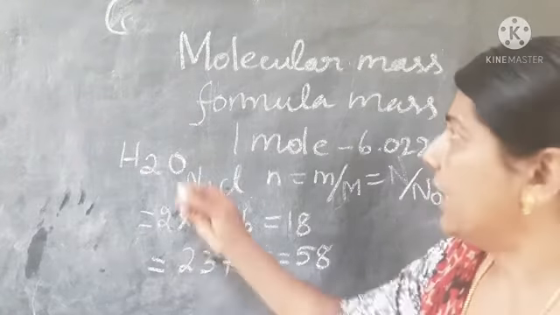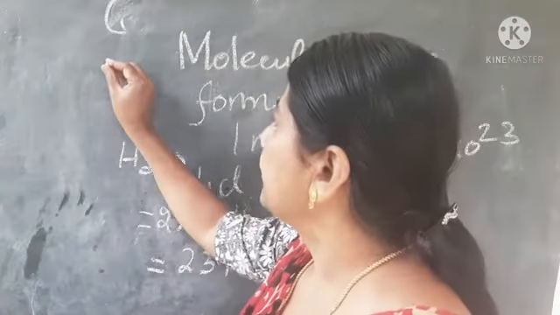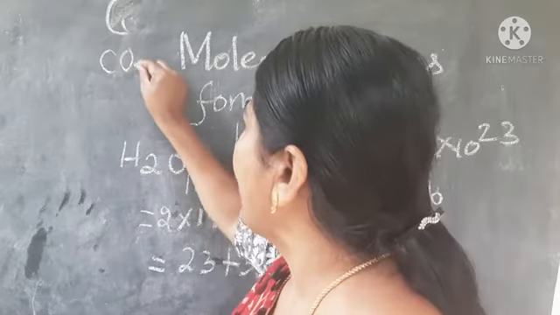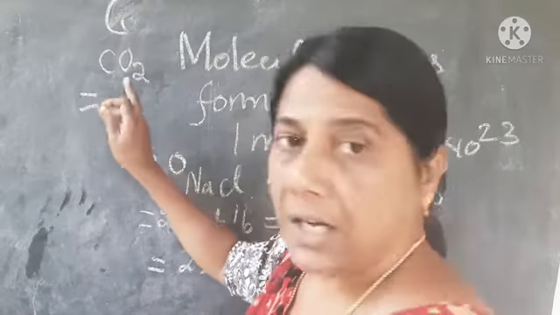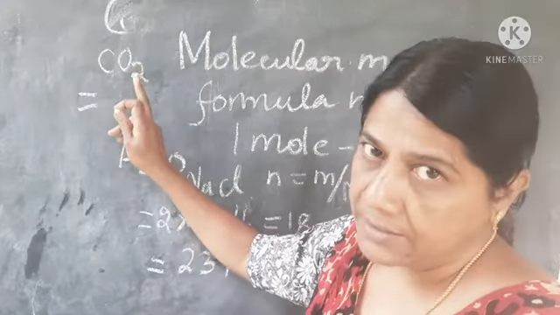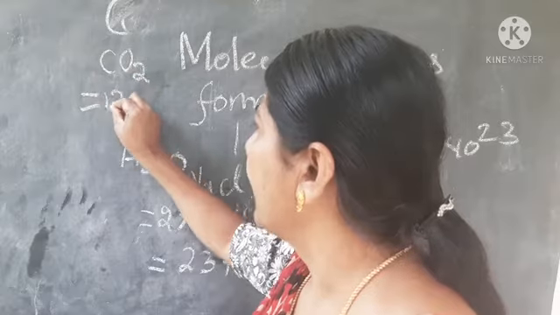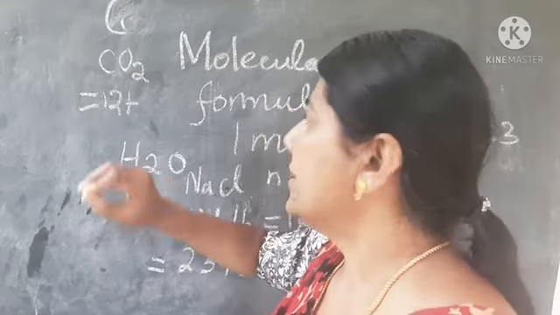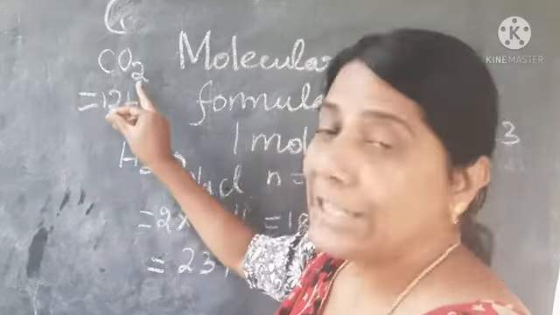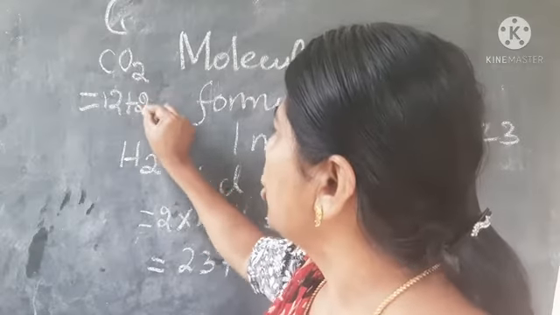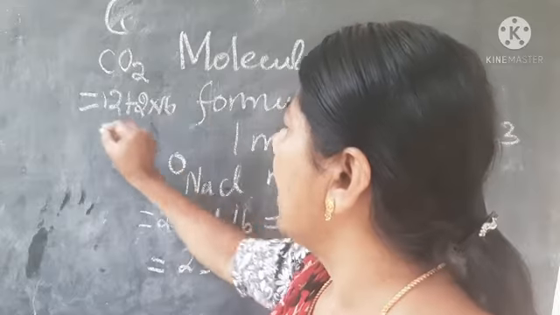Let us see one more thing. For example, we can do it for carbon dioxide. Here, the atomic mass of carbon is 12 and oxygen is 16. Since two oxygen atoms are there, I am writing 2 into 16.